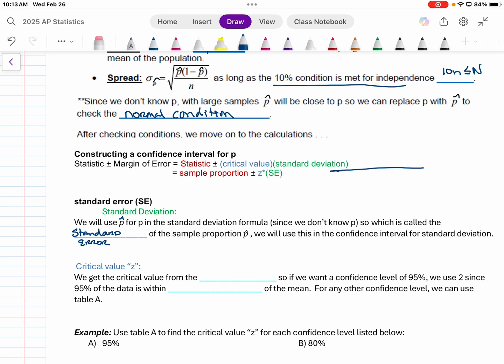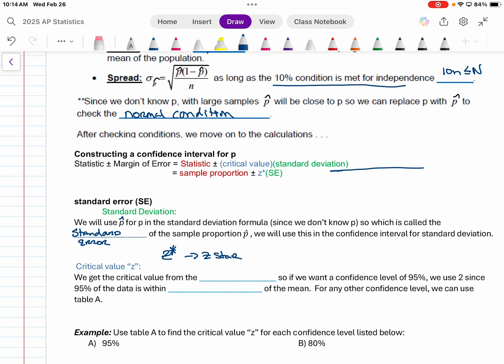Now, what is the critical value z, or z star? We see it in the formula as a z with an asterisk on it, and we pronounce it as z star. So z star is like our z score from back in our normal curve.